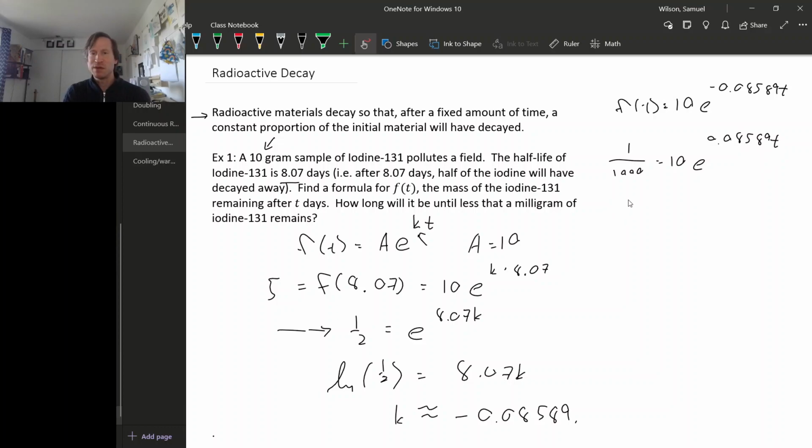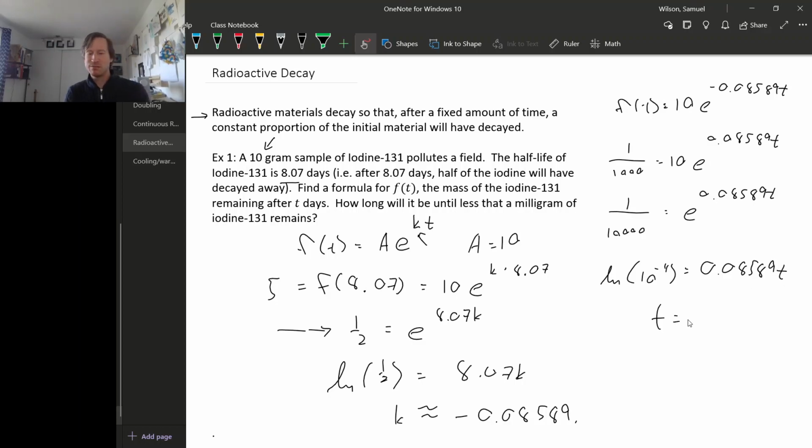Divide both sides by 10. 1/10,000 equals e to the negative 0.08589 t. Take natural log on both sides. Natural log of 1/10,000, so that's 10 to the -4th, equals the natural log on the right-hand side, negative 0.08589 t, and then divide to find t.